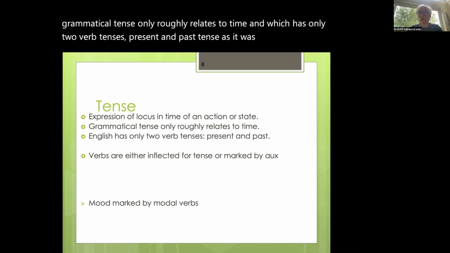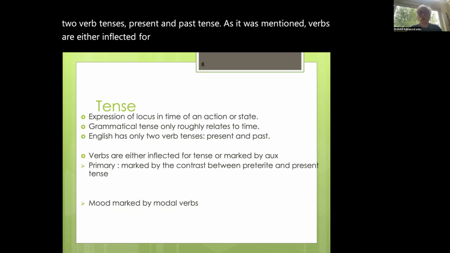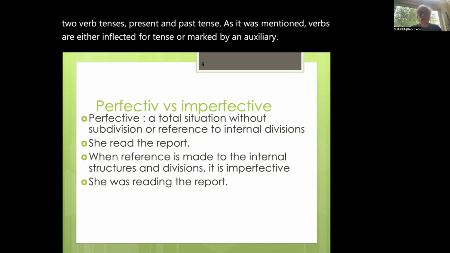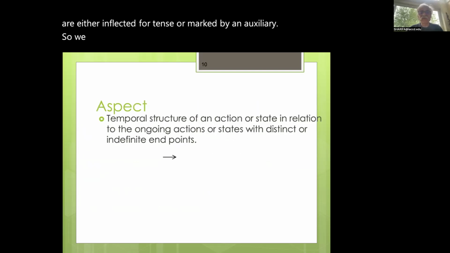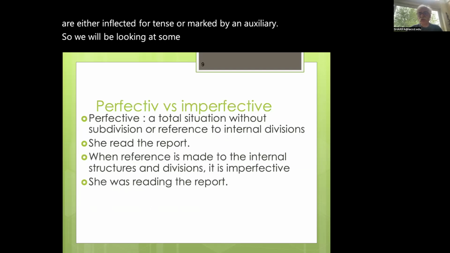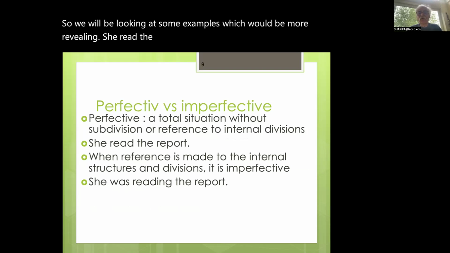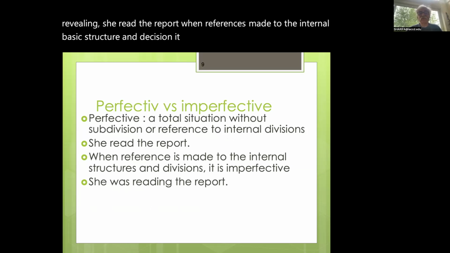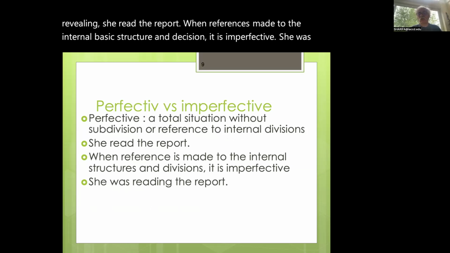Verbs are either inflected for tense or marked by an auxiliary. So we will be looking at some examples which would be more revealing. She read the report. When reference is made to the internal structure and decision, it is imperfective. She was reading a report. Is different.